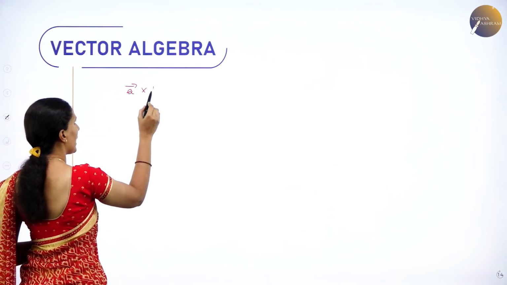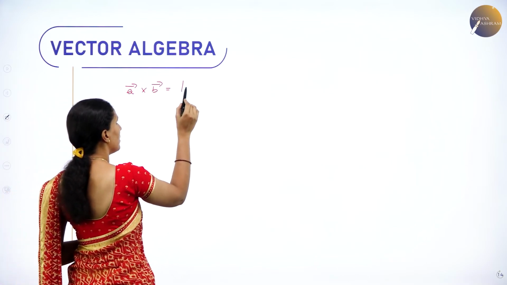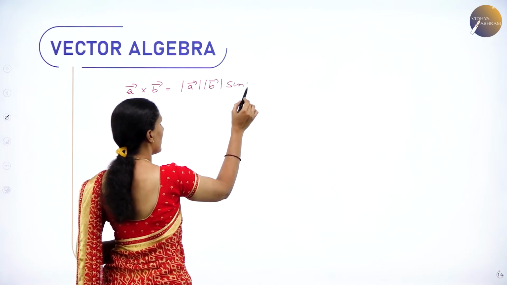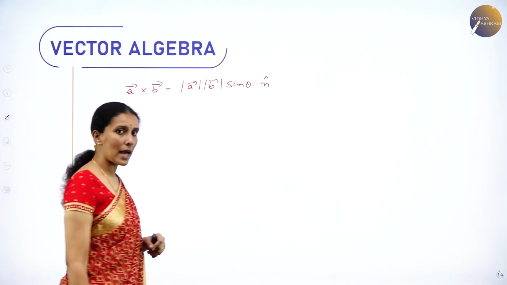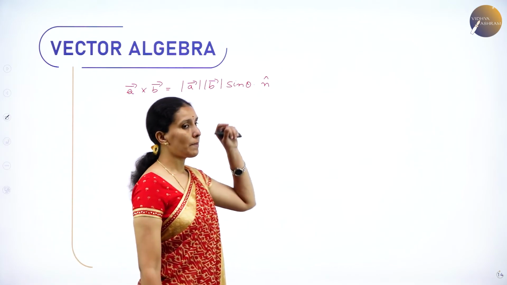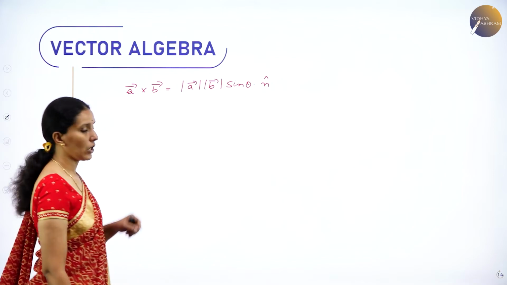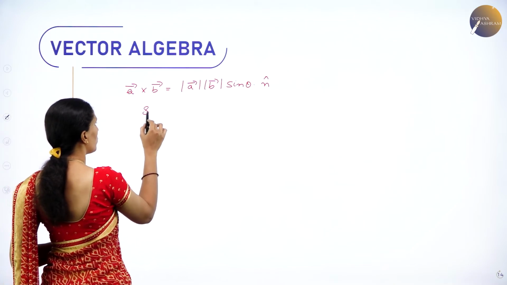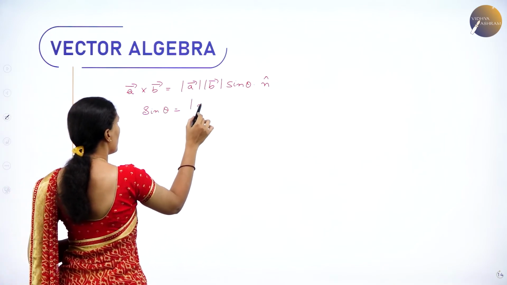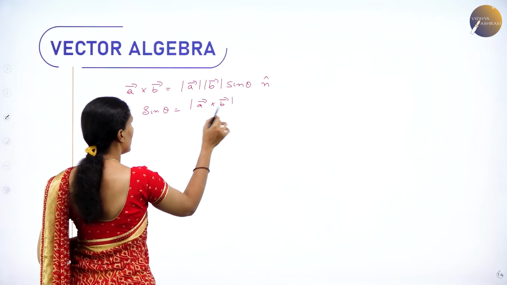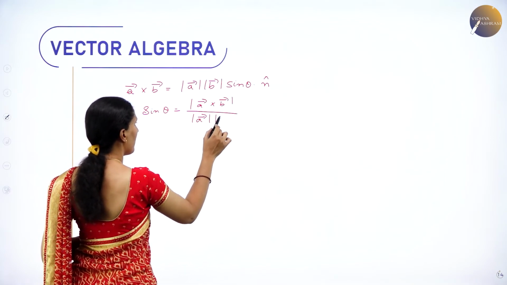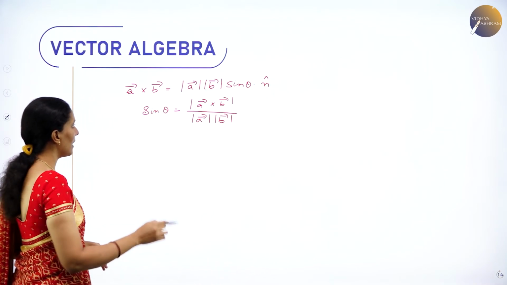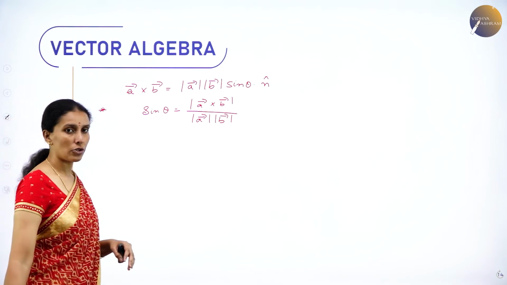We know that vector A cross B is given by magnitude of A, magnitude of B, sine theta dot n cap, where theta is the angle between the two vectors and n cap is the unit vector along the direction of A cross B. And coming towards the angle between these two vectors, we have sine theta as magnitude of vector A cross B divided by magnitude of A, magnitude of B. Since magnitude of n cap is 1, we get sine theta as magnitude of A cross B by magnitude A, magnitude B.